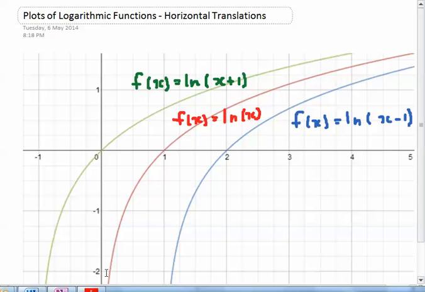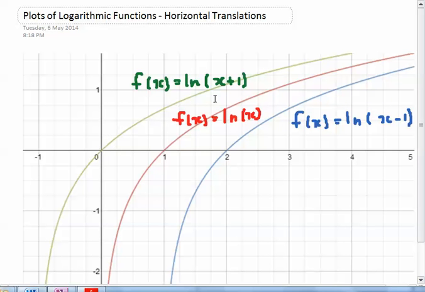Now, in this slide we're showing how to translate our basic function horizontally, and you can see the one in green here is ln of x plus 1. Perhaps counterintuitively, if you start with x and you add something, you are going to shift your whole function, in this case 1 unit to the left.